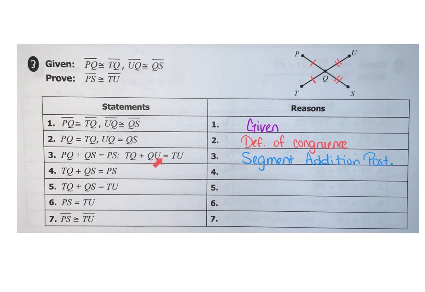And then over here, instead of saying TQ and QU, they've replaced QU, which is this guy, with QS. What did they do for both of these steps? They replaced just one little piece of their equations right here. Substitution tells us we can replace a piece. So both of these are substitution.